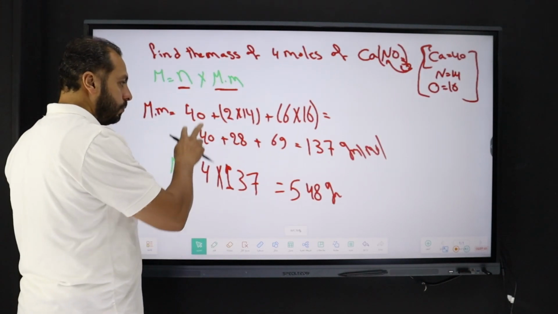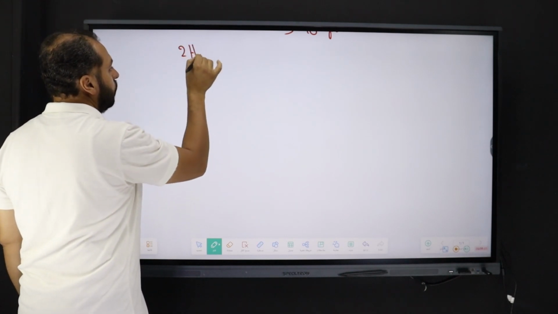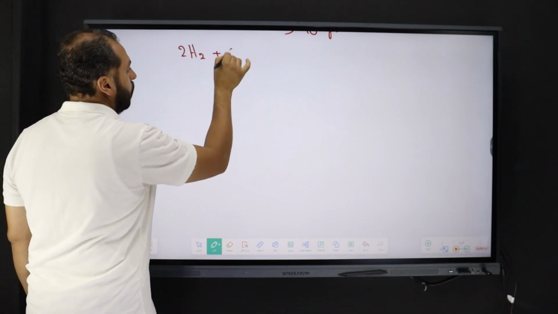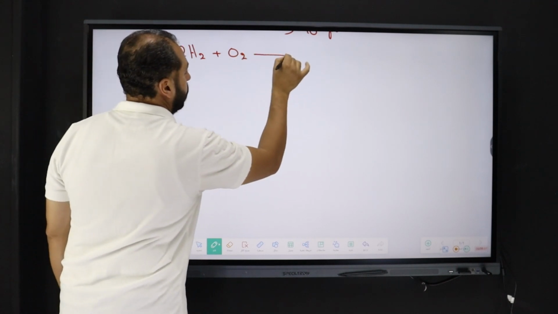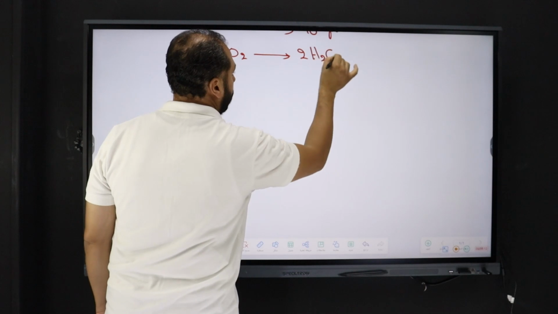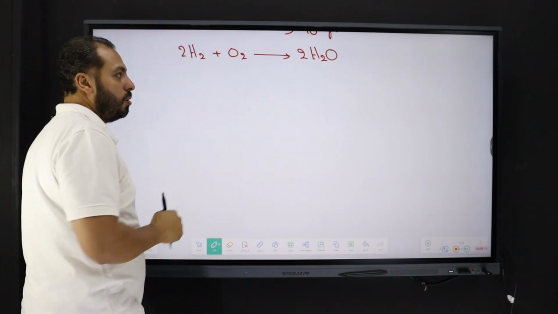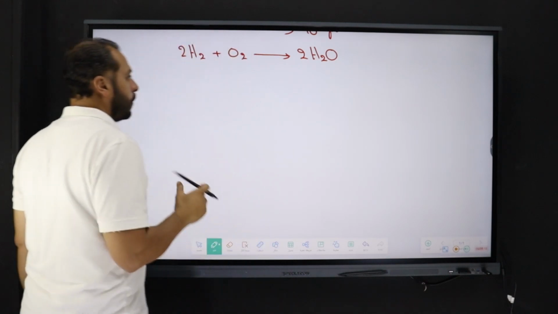Another example here: 2H2 plus O2 produce 2H2O. An amount of hydrogen reacts with an amount of oxygen to produce water.